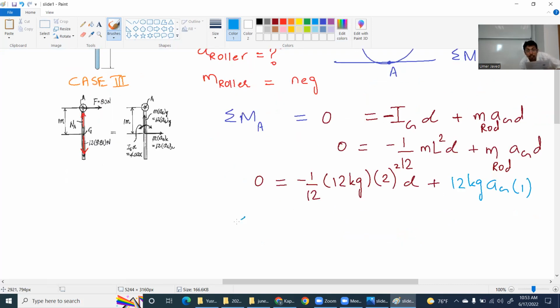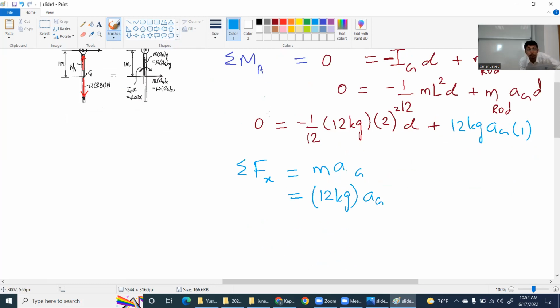Now, as I was struggling, what on earth is happening? I know that summation of forces in the x direction is equal to MAX, and it is equal to 12 kilograms into AG. Good. And yes, AX and AG is the same thing for me. In fact, I completely agree with him. Let's be careful because again, it's easy to get confused. And last but not least, what are the summation of forces in the X direction?